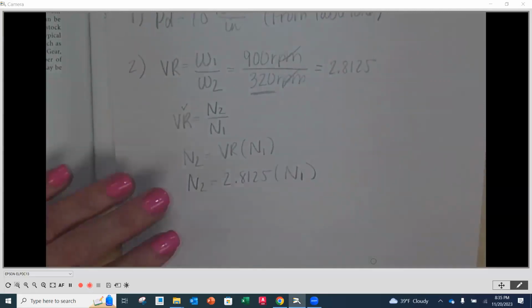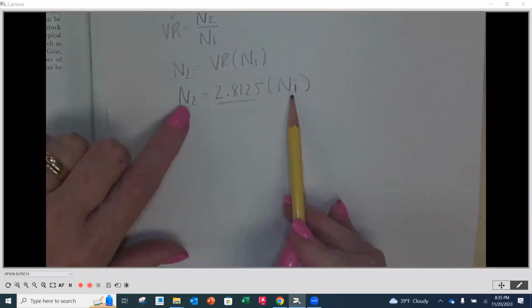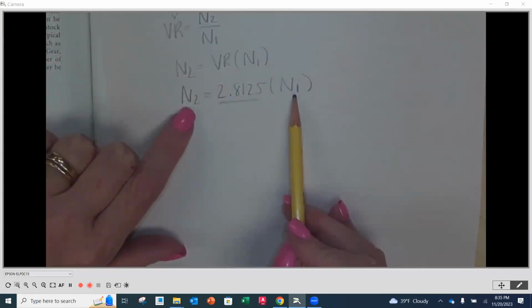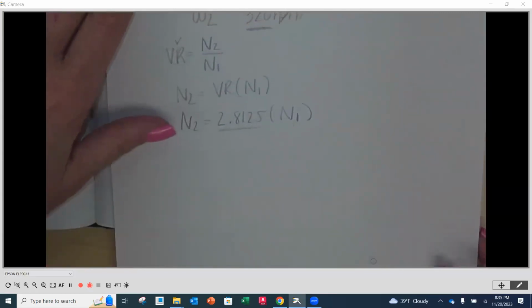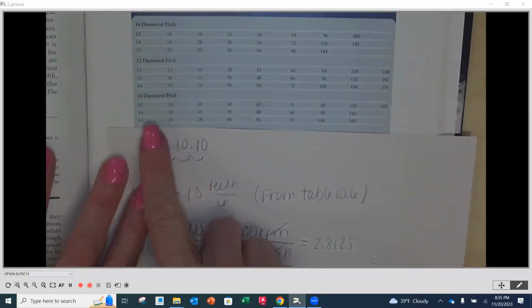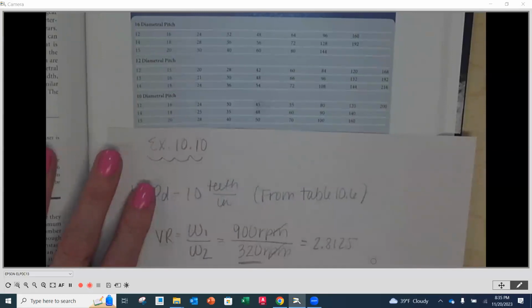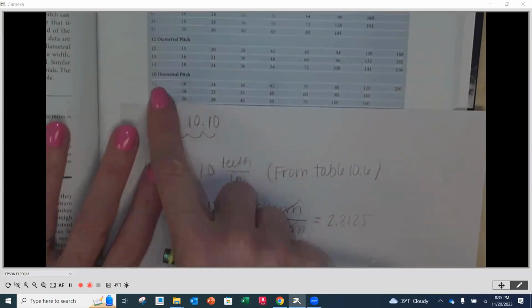So we're going to use this velocity ratio and see if we can find any combinations in the diametral pitch of 10 section that can accomplish this exactly. We're just going to start with the number of teeth on our pinion to be 12.